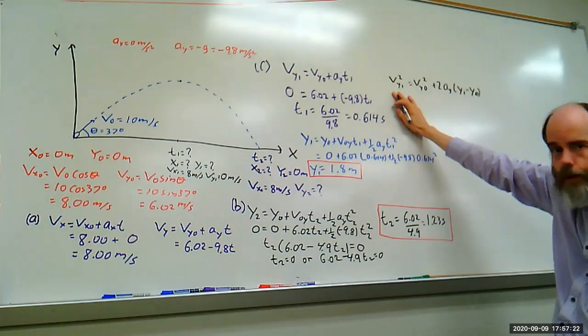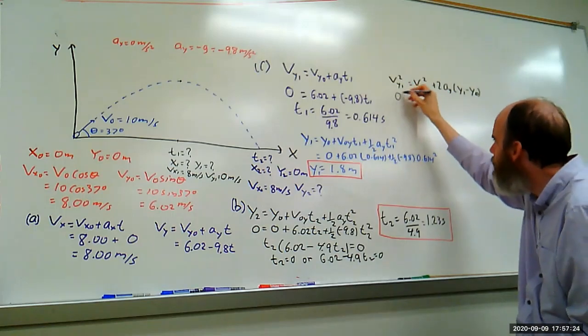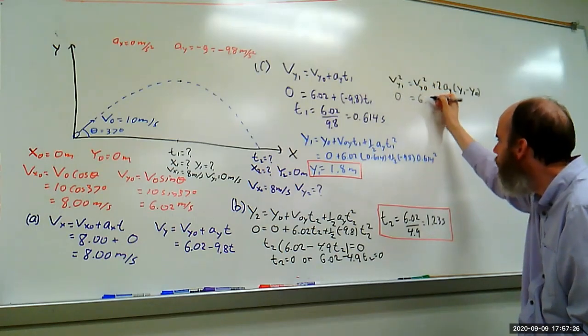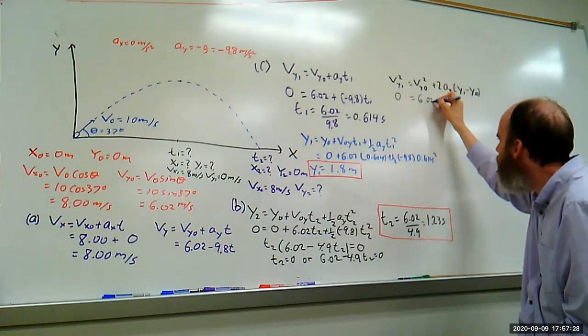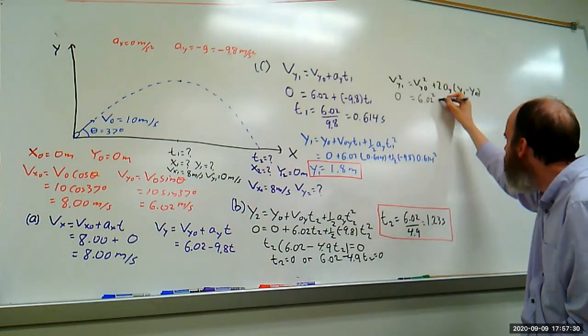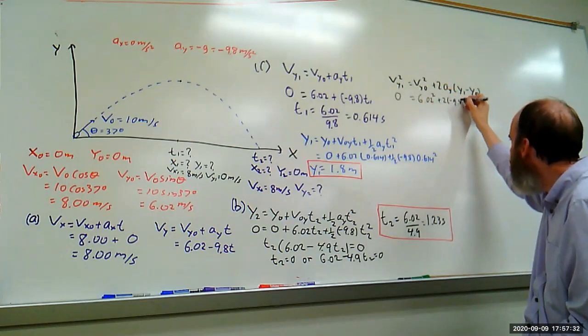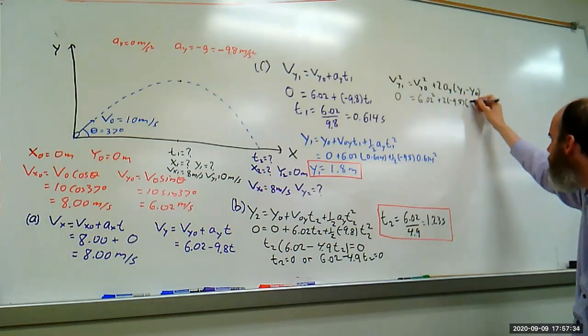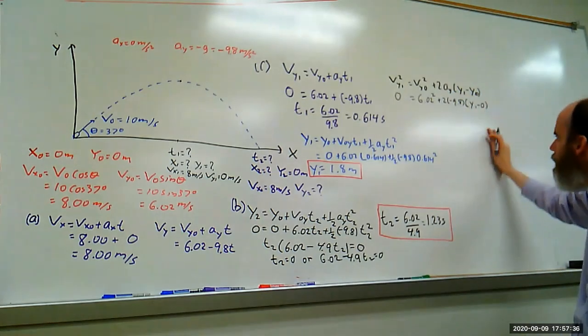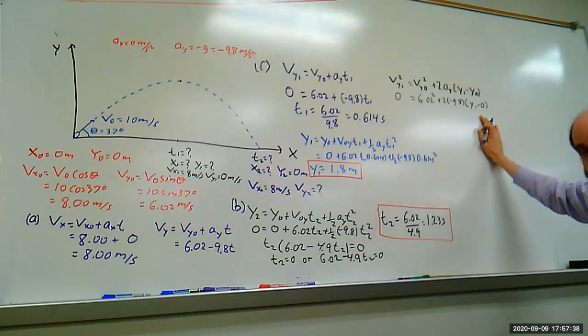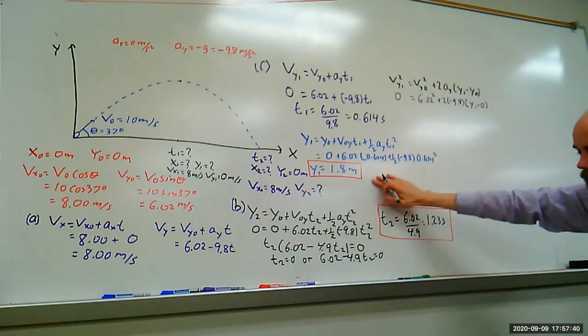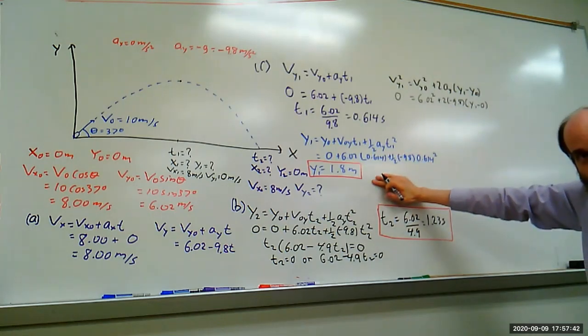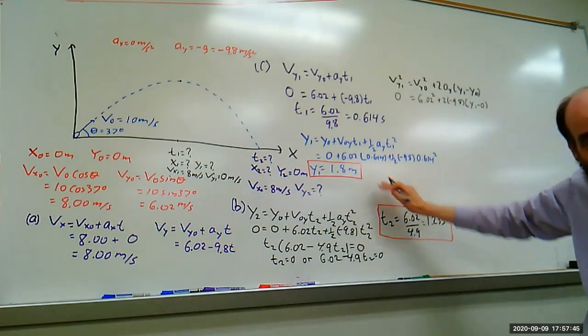So Vy1 is 0. So 0 equals 6.02 squared plus 2 times negative 9.8 times Y1 minus 0. You can solve this equation for Y1, and you're going to get 1.8 meters. That's another way to solve the problem.